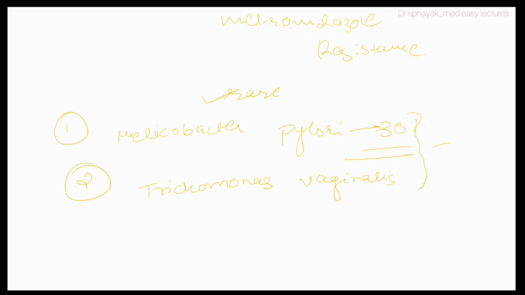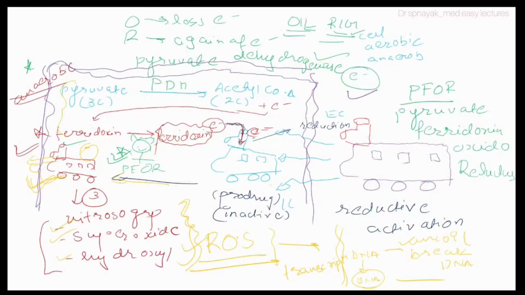Now, what is the mechanism of the resistance? How does the resistance occur? So first, the P4 enzyme, that is the pyruvate pyridoxine oxidoreductase enzyme, is reduced in concentration.